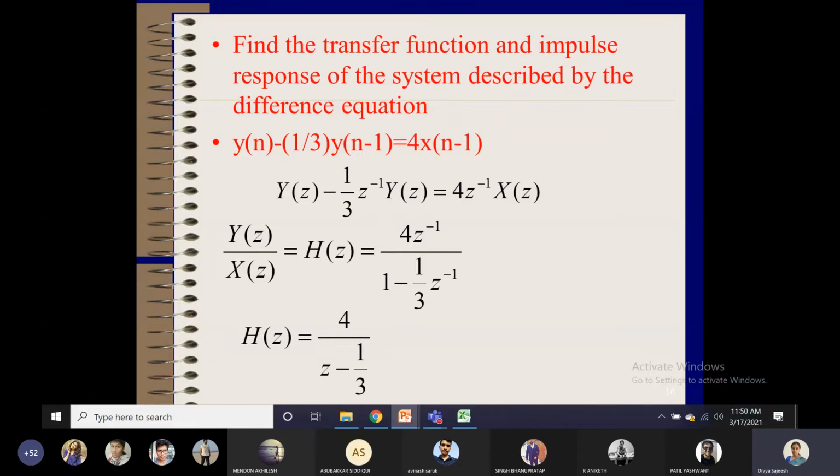You don't have 1 upon z minus a like that as a standard equation. What is the z inverse for 1 upon z minus a?